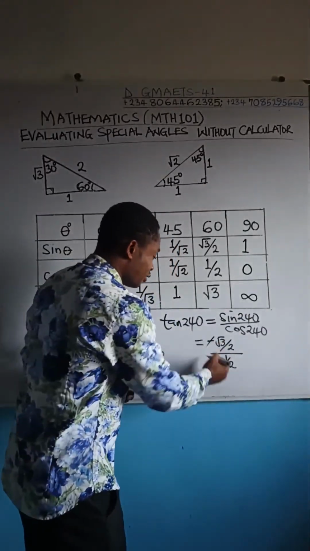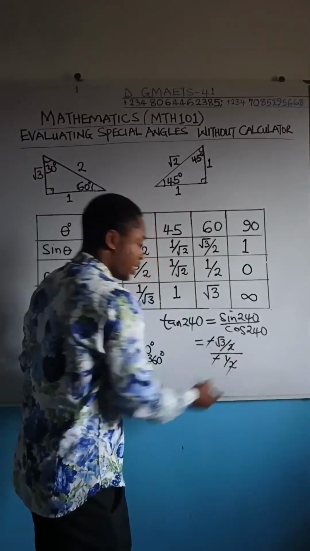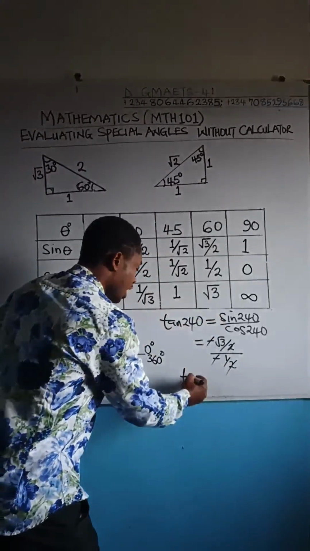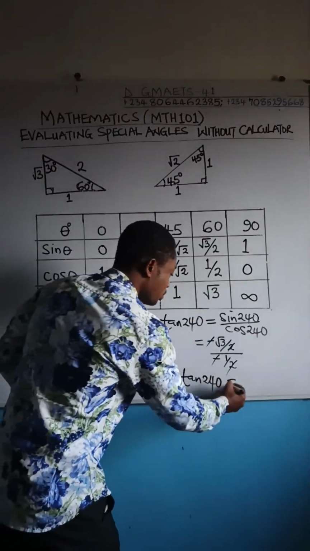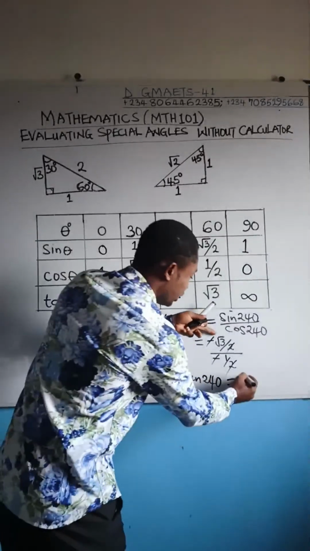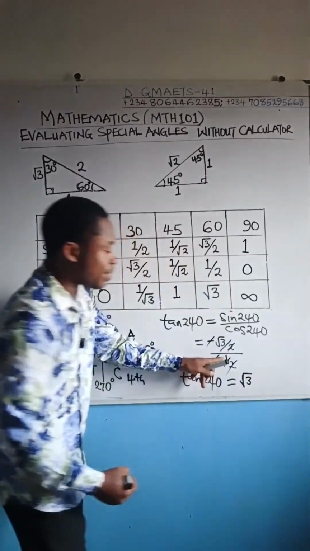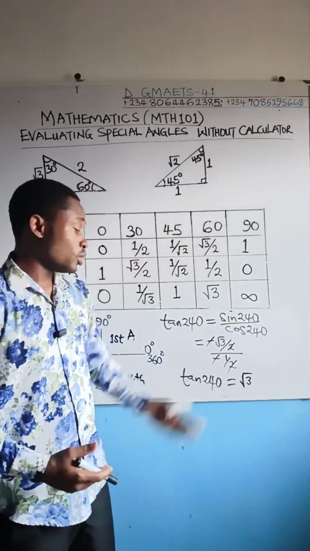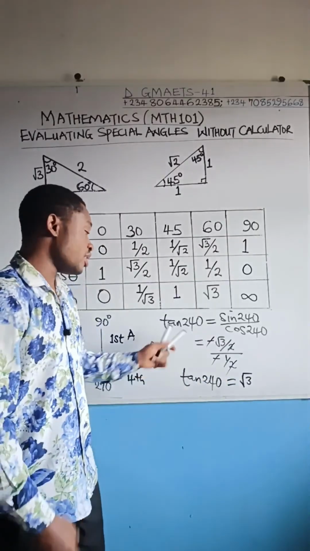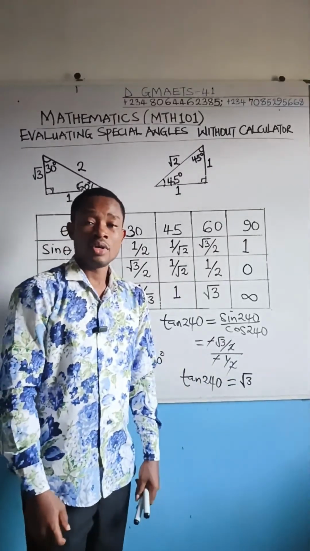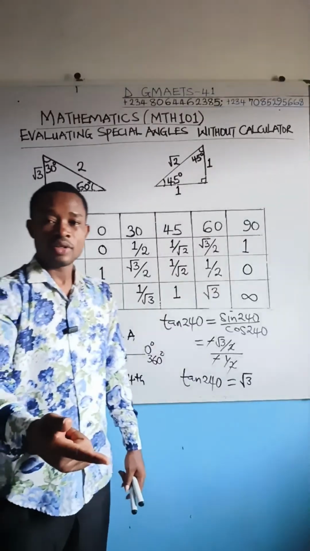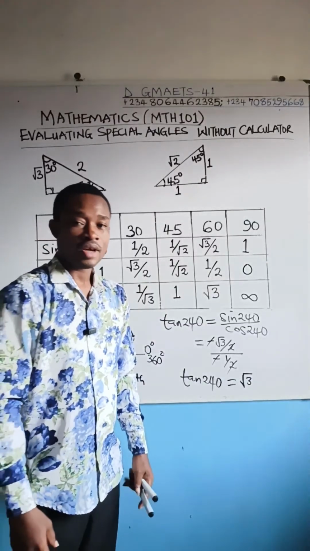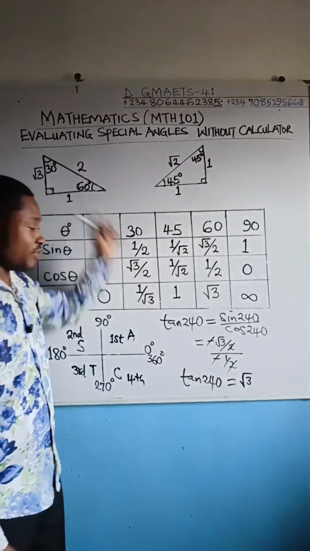Mathematically, these negatives cancel, and the 2 cancels, if you divide that fraction. Therefore, tan 240 will be equal to root 3 in the numerator divided by 1 in the denominator. Root 3 over 1 gives us root 3. So we have obtained the value of tan 240, which is still equivalent to tan 60. And for tan 60, you could have obtained it directly from here.